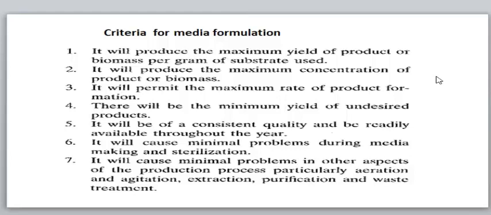It should be available throughout the year. Minimum problem during making the media or sterilization. Thereafter, during downstream processing, these processes we can do easily, so that we can find the product in either solid form or liquid form.